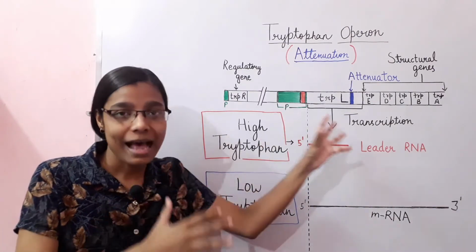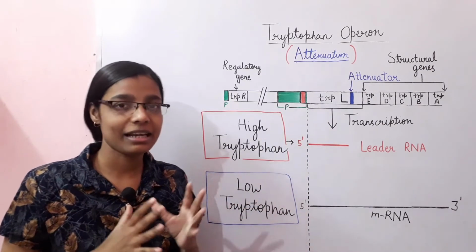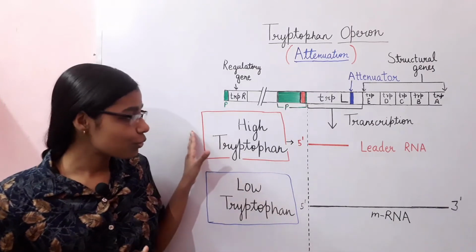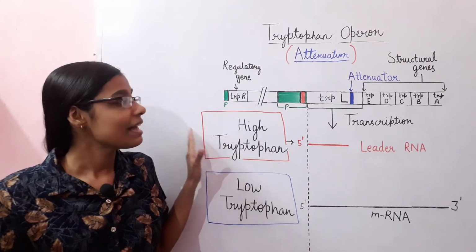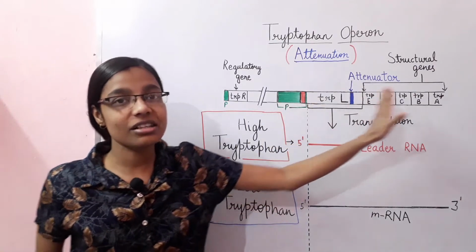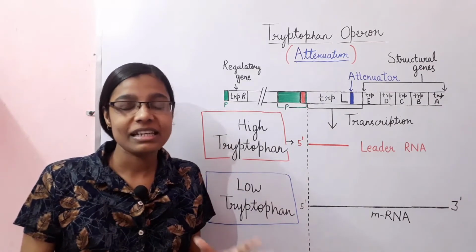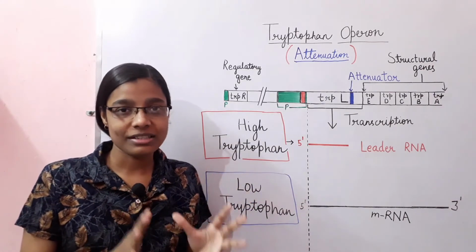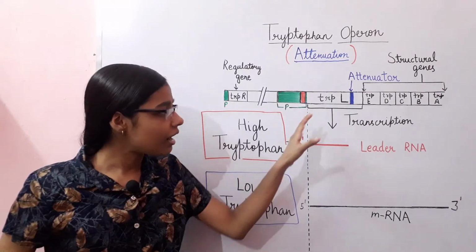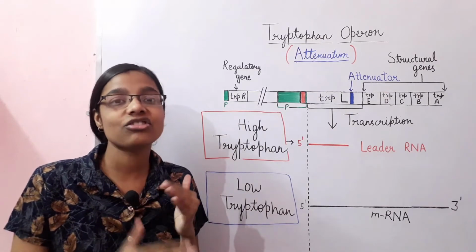What is happening in the TRPL region we will discuss in detail, but in summary, when the tryptophan level is high, the transcription of these genes will not take place completely and the process of transcription gets inhibited near the attenuator site in response to high tryptophan levels.